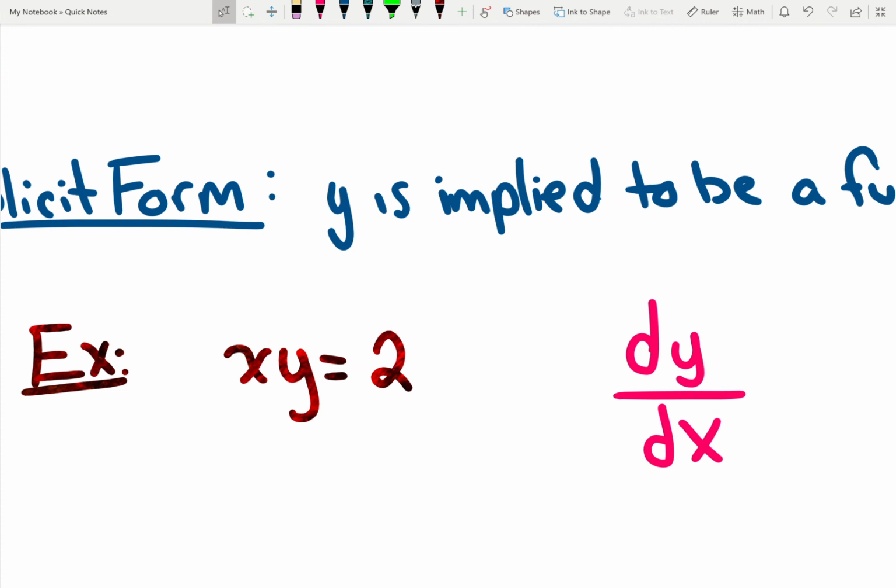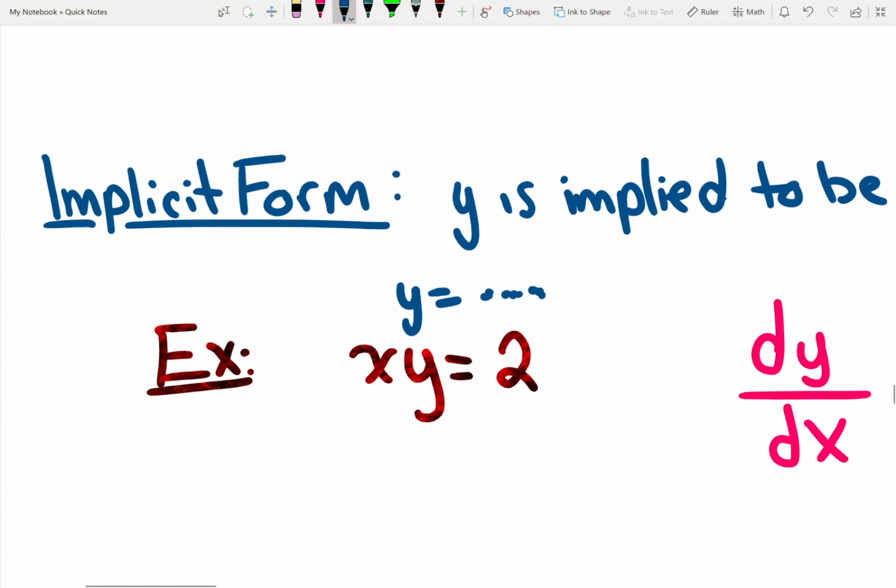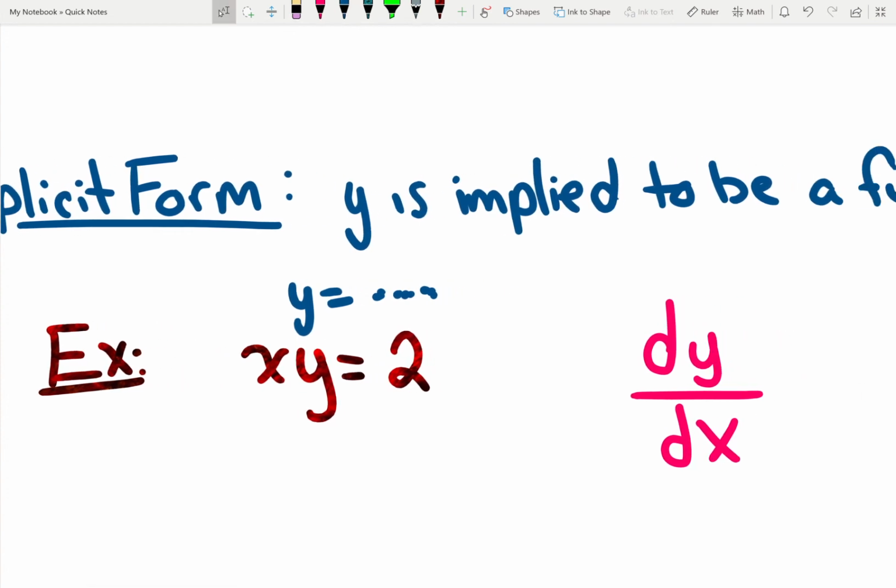So we don't have an expression where it says y equals something. We have x times y equals something. So because it's not y equals something, we say it's written implicitly. There is a relationship between x and y, but it's not clearly written in this sentence. But guess what? We can always go back to an explicit form, right?